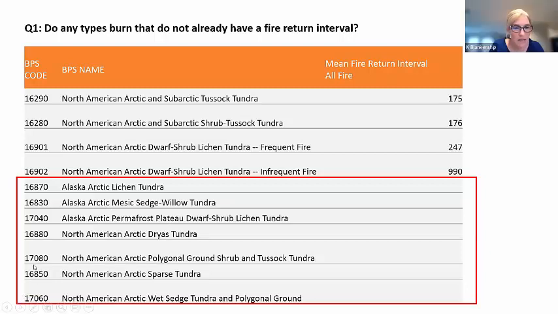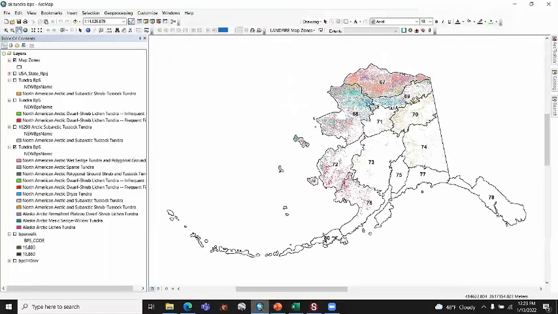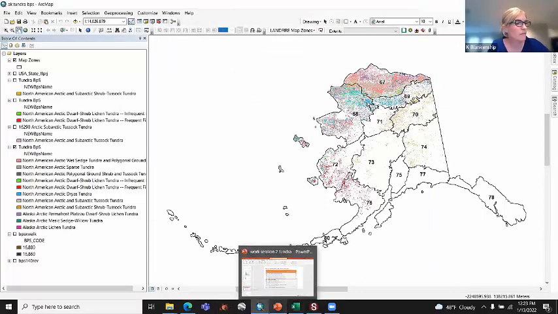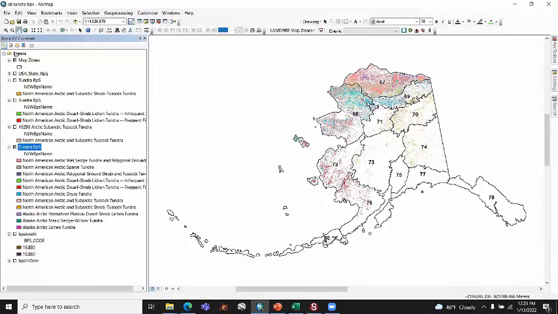7080. Yeah. Let me bring that up, because I have an ARC map going. 7080 North American Arctic. I'm going to copy it from my whole list and bring it out.